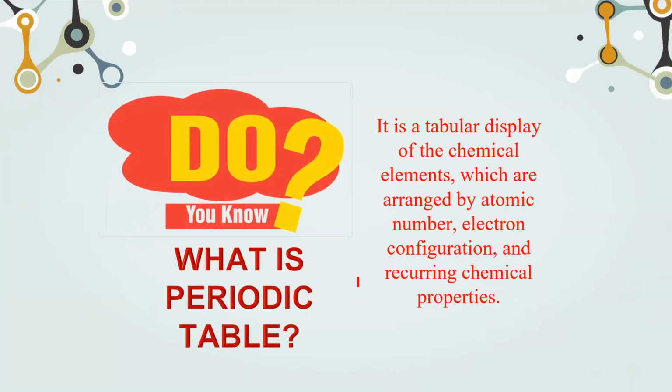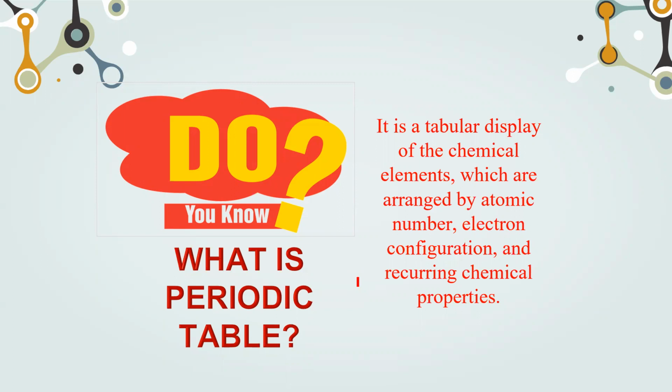What is a periodic table? Do you know what is a periodic table? Students, the periodic table is nothing but a tabular display of the chemical elements. You put the elements in particular places in a table according to certain characteristics or properties, with the help of which you can arrange such elements.